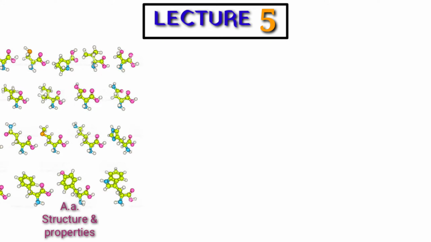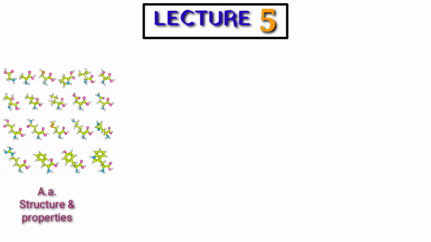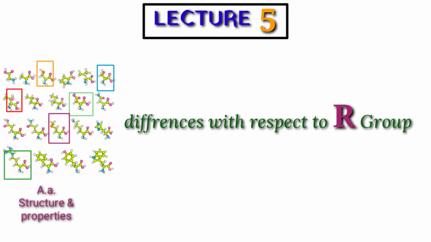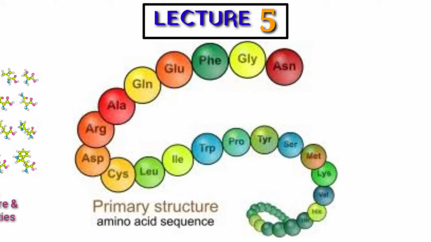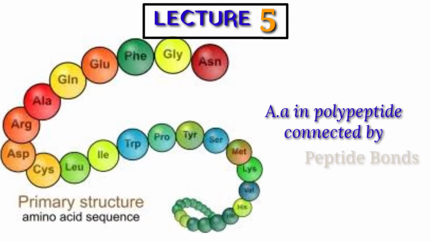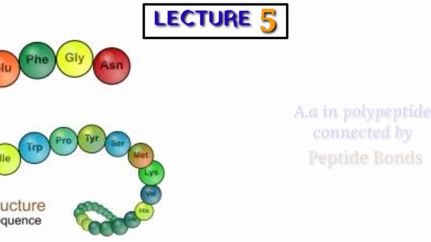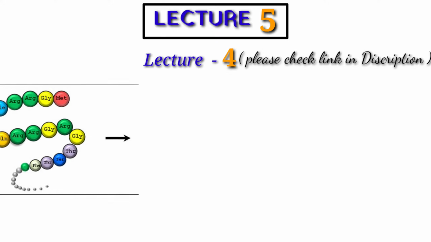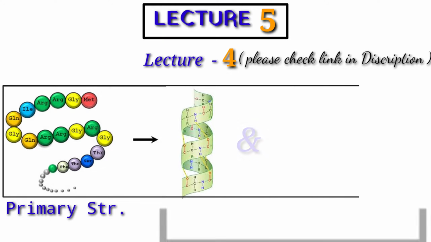So friends, up till now we have studied amino acids at their individual level, means separate amino acids with respect to their R group differences. Then we studied amino acids when they are interconnected by a peptide bond in a polypeptide chain. And in the last lecture we studied how these polypeptide chains give rise to secondary structures such as alpha helices and beta sheet.